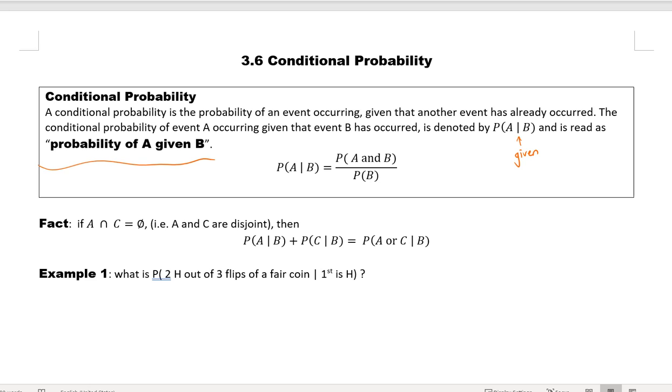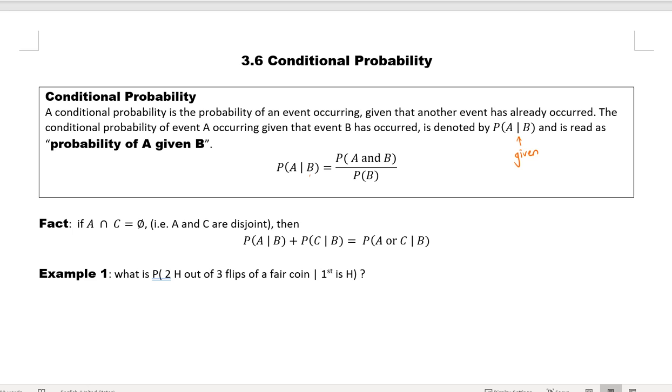So probability of A given B equals, because B has already occurred, that's why in the numerator we need both events A and B to occur, but we already know B has occurred. So that's why we have P of A and B over P of B. Okay, so this is the conditional probability.